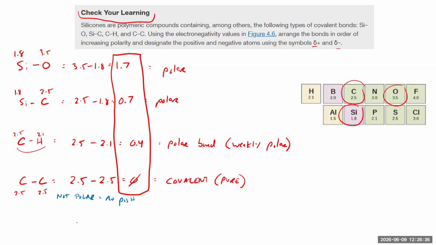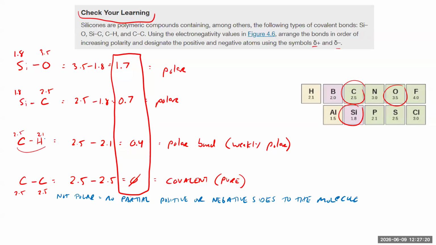I'm going to change the vocabulary a little bit: no partial positive or negative sides to the molecule, right? Because they're sharing electrons equally. There's no positive side, no negative side because they're the same.